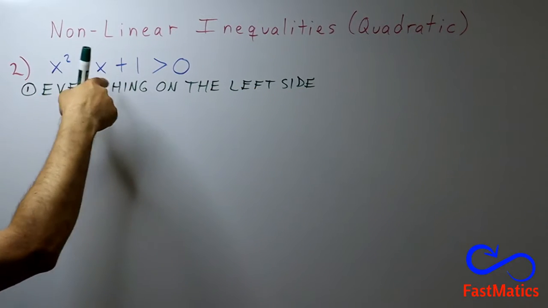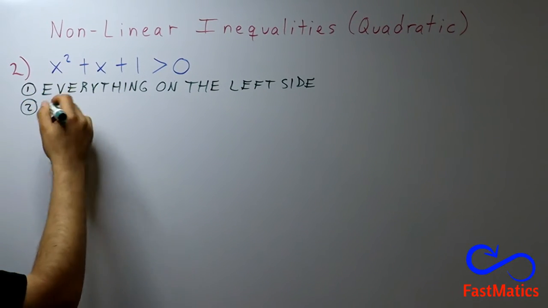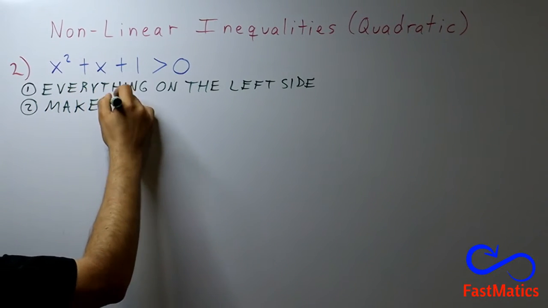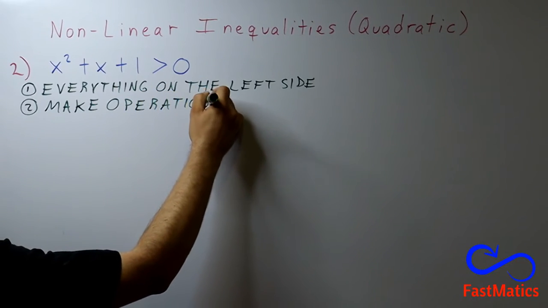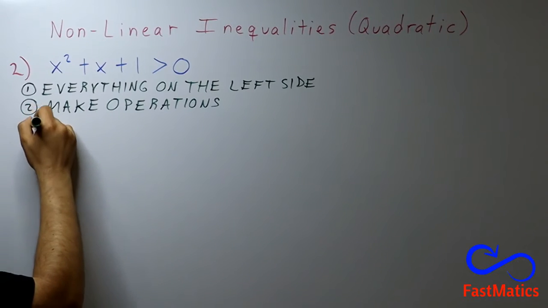But here it is everything on the left side. So second step, make operations. But here there is nothing to do.